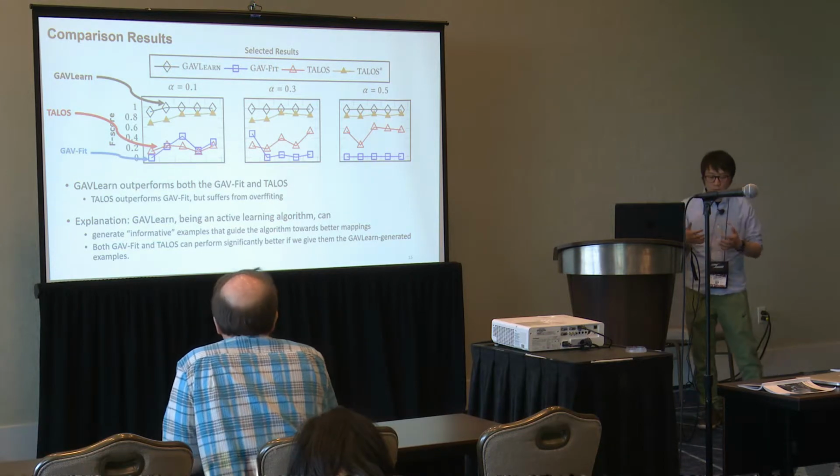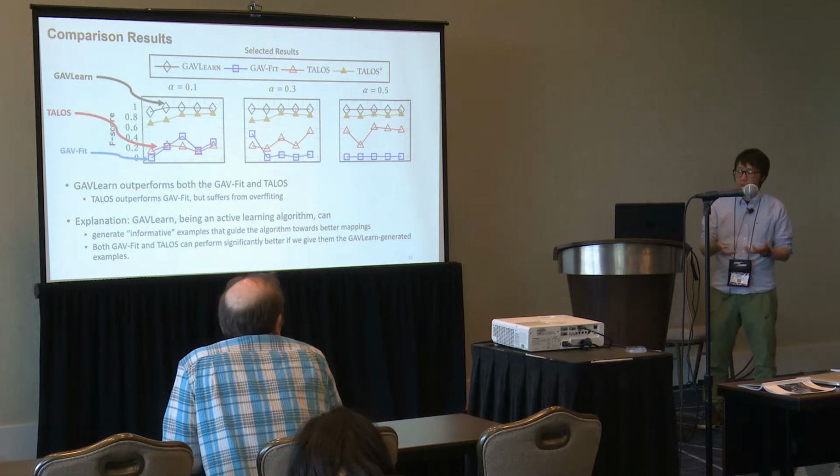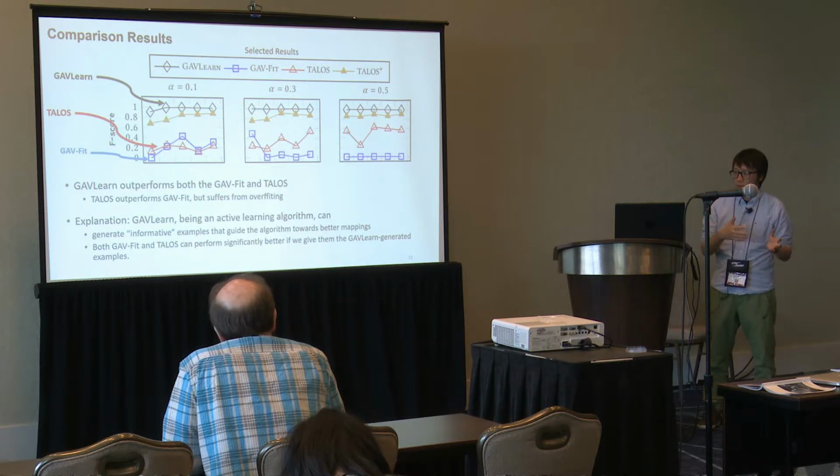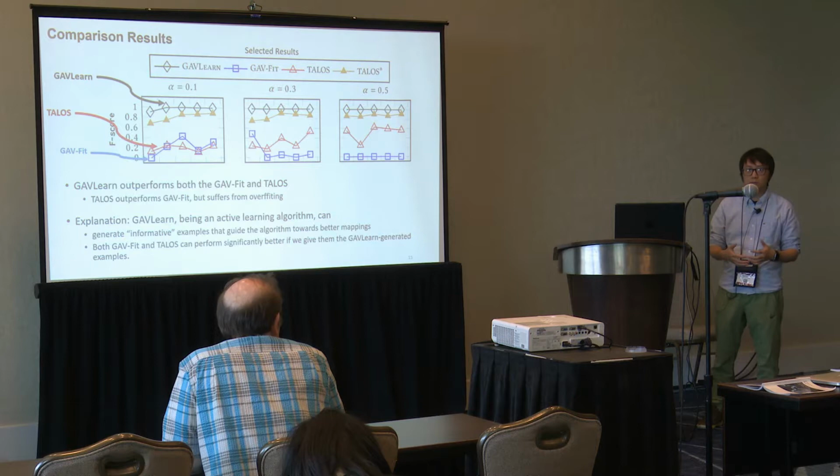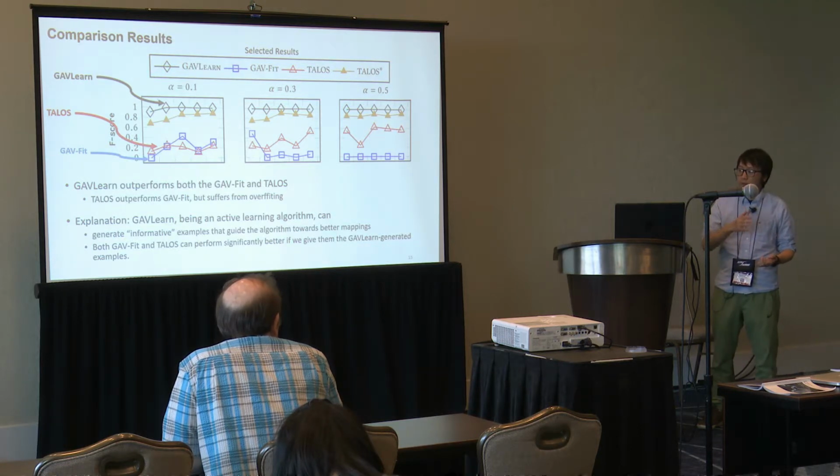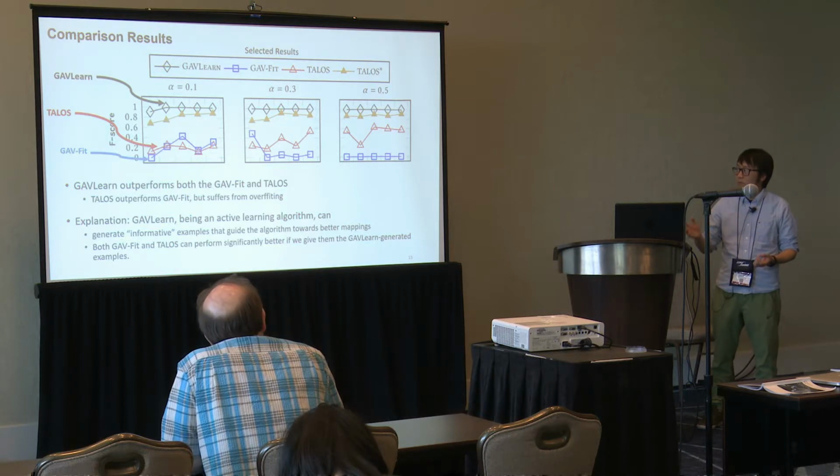We looked into the mappings returned by Talos, and we found that they suffer from an overfitting issue. The main reason that GAV-learn is much better is that GAV-learn is an active learning algorithm that can generate more informative examples during the learning and guide the system towards better mappings.